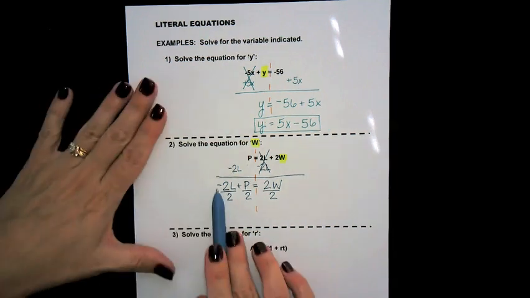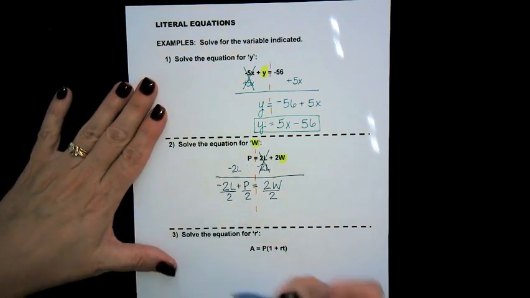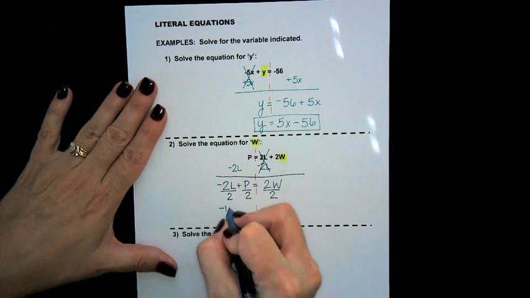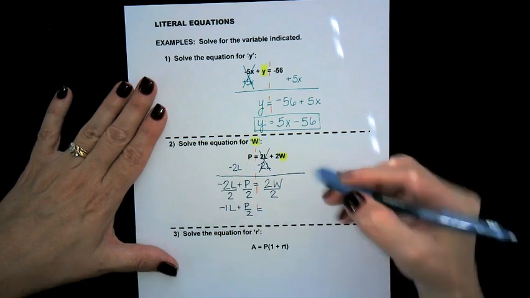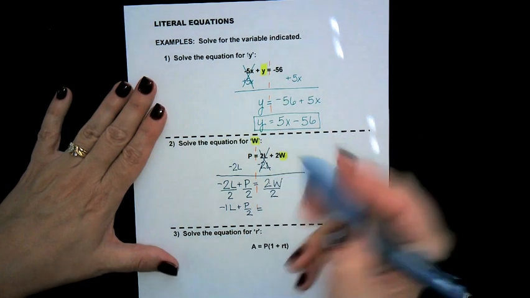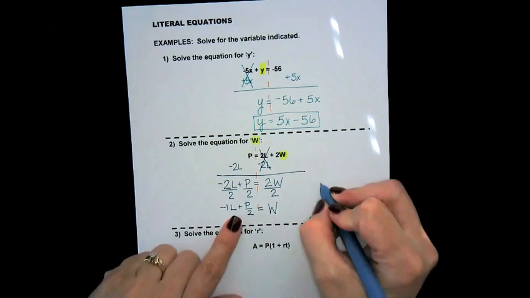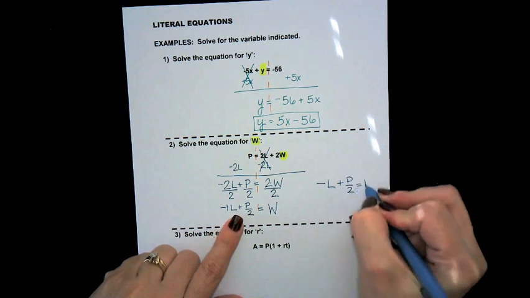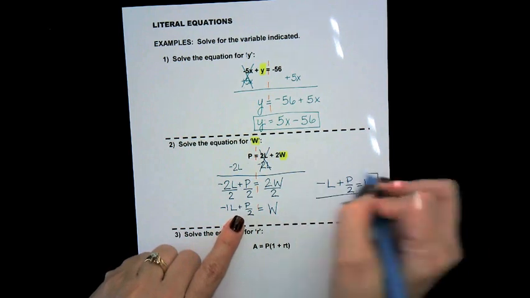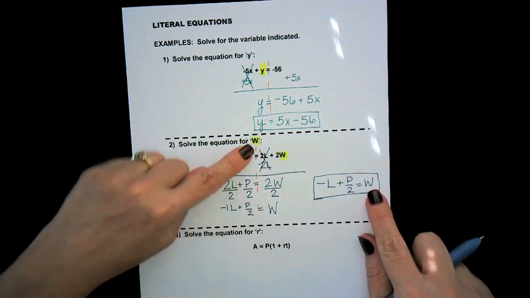So negative 2 divided by 2 is negative 1l, plus p divided by 2. 2 divided by 2 is w. So I've got negative l plus p divided by 2 equals w. And I got the w by itself. Remember, that's what we were trying to do.